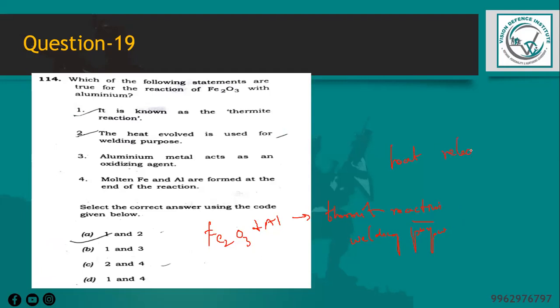In this reaction, aluminum acts as a reducing agent, not an oxidizing agent, and it reduces the Fe2O3 to Fe metal. So the products of the reaction are molten iron and aluminum oxide, right? So it is not molten iron and aluminum. So option 1 and 3 is the right answer.